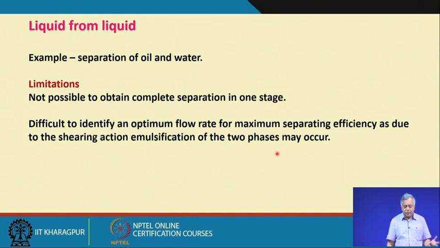So, that is the trouble. What should be the optimum shearing action you can impose on this mixture? Anyway, that is not part of our subject. Mineral processing people normally do not have to deal with this liquid separation.